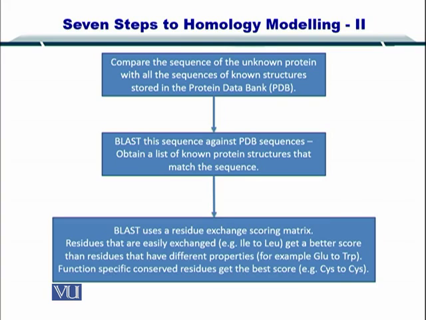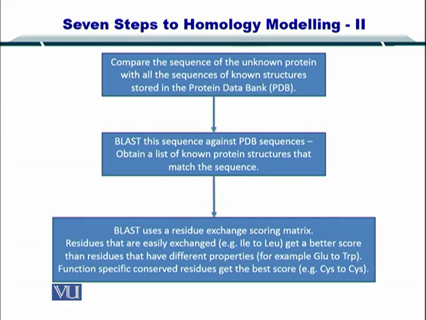The highest score will obviously mean that the sequences are similar. You also know that the BLAST algorithm uses a residue exchange scoring matrix, BLOSUM and PAM, and that the residues which are easily exchanged during the process of evolution have a lower score, while the residues that have different properties and are difficult to be substituted obtain a smaller score.